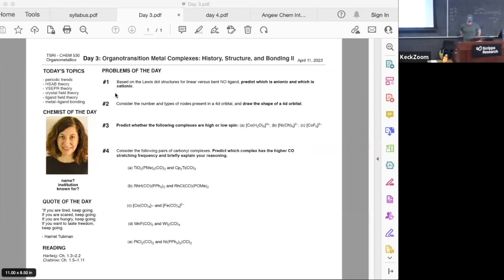D, Dylan, what do you think? I'm not sure. I want to say that it would be the left one. I just feel like it would have more electrons to.